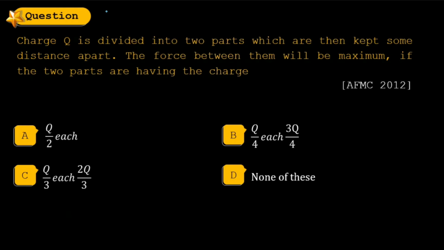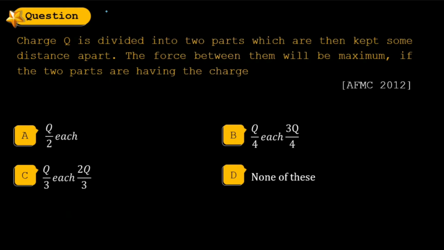In each case it's given. The first option says the charges are divided equally, Q by 2 and Q by 2 each. The second case says Q by 4 and 3Q by 4, which is another way of dividing the charge Q. The third case says Q by 3 and 2Q by 3.